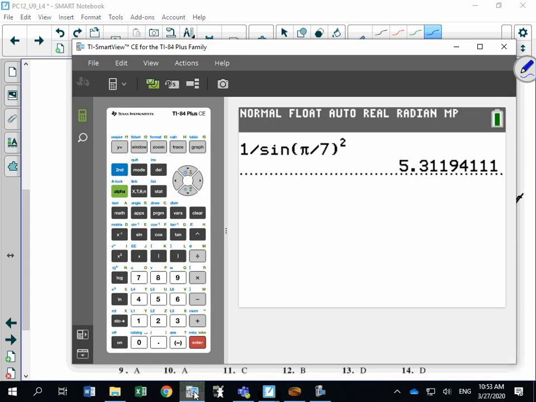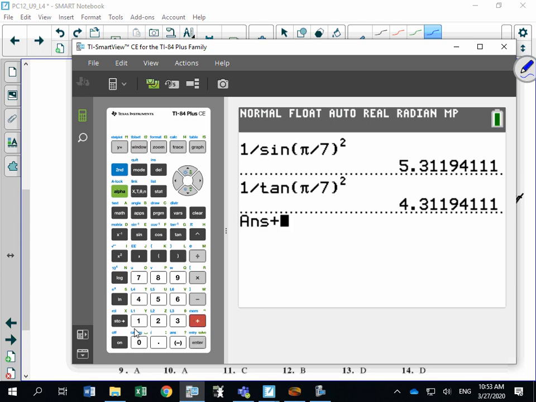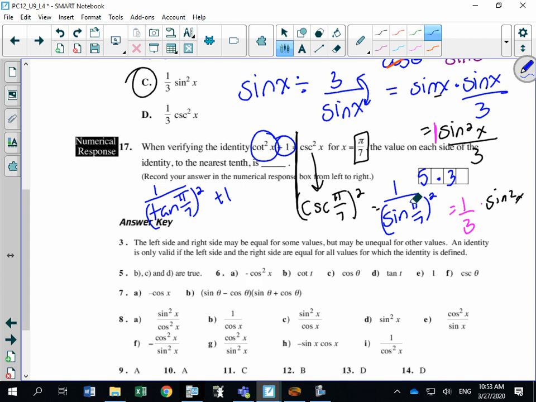So on my calculator, 1 divided by tan of pi over 7 squared gives me this. And then when I add 1 to that, because remember it was that plus 1, I get 5.3. So 5.3 on the right, 5.3 on the left. Left-hand side equals right-hand side. And my answer would be 5.3.